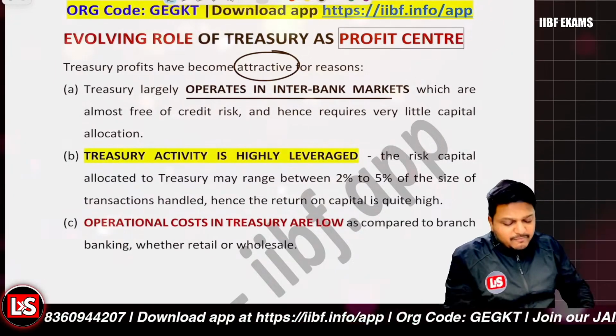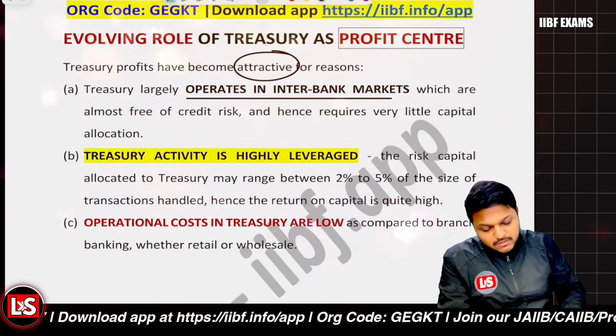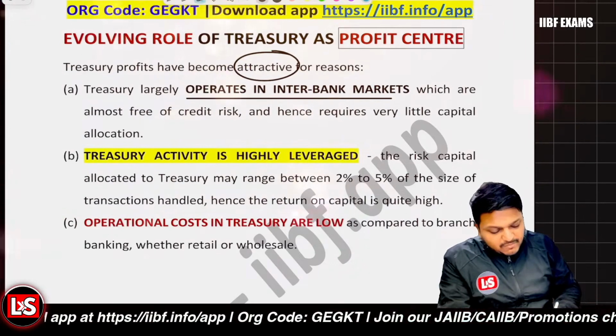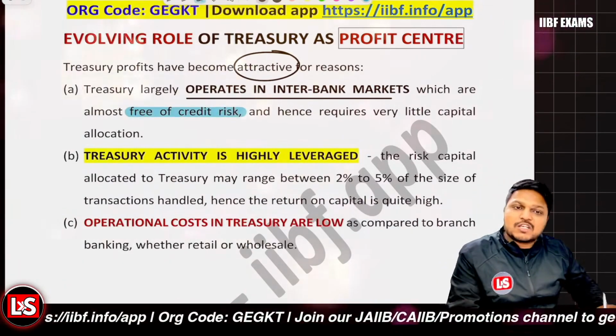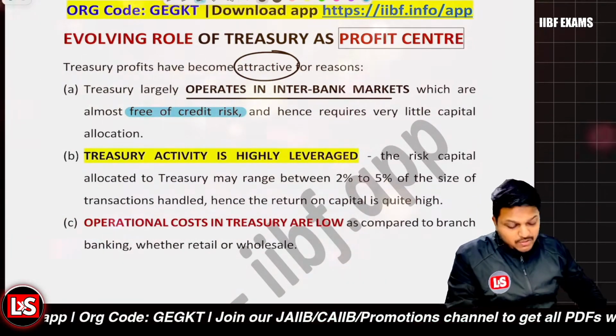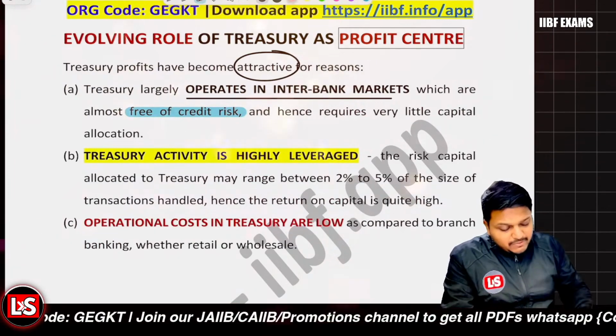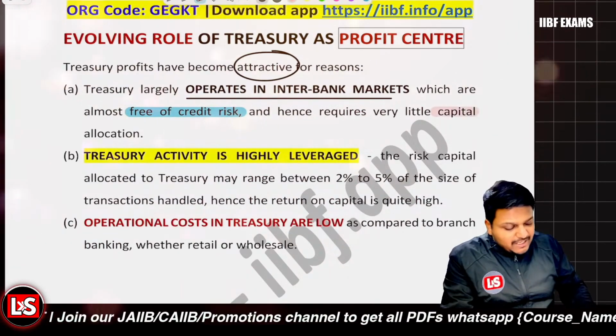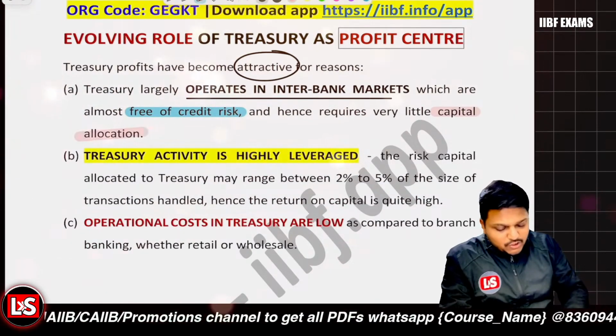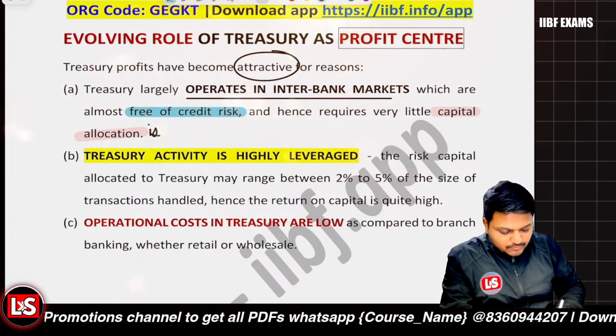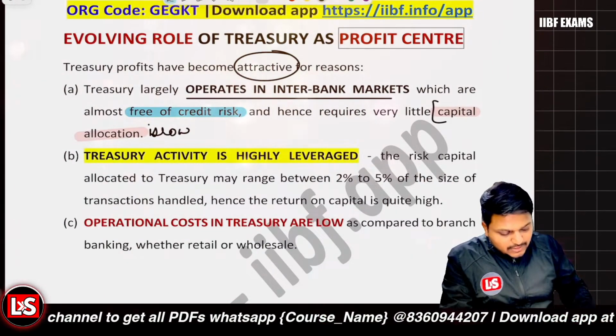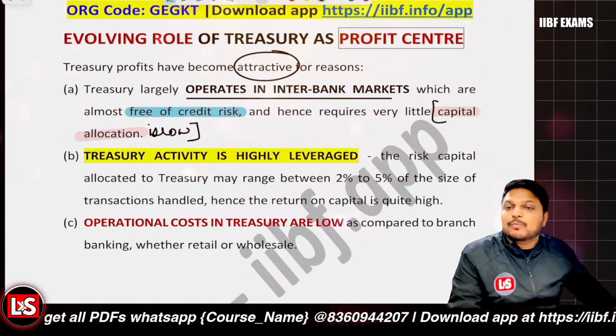When you are dealing bank to bank, the credit risk is very low, but when you are lending to customers, the credit risk is higher. So very limited capital allocation is to be done. The capital allocation is low, right?